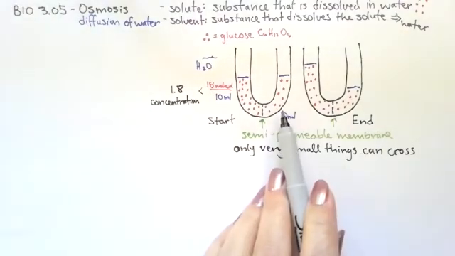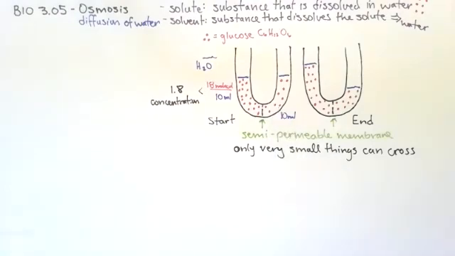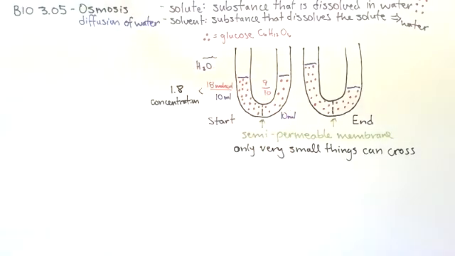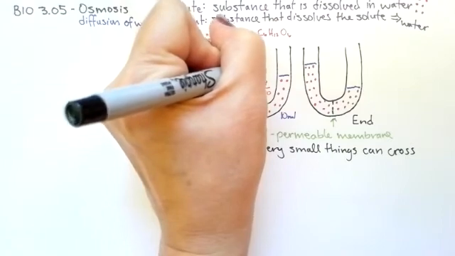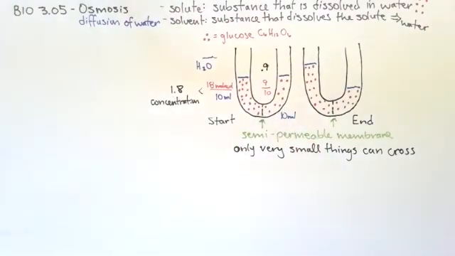If I count up my glucose molecules over here, this is also out of 10 mils, I have 9 glucose molecules over 10 mils of water. So my concentration on this side is 0.9. I have half the concentration as I do on this side. This makes sense, right?